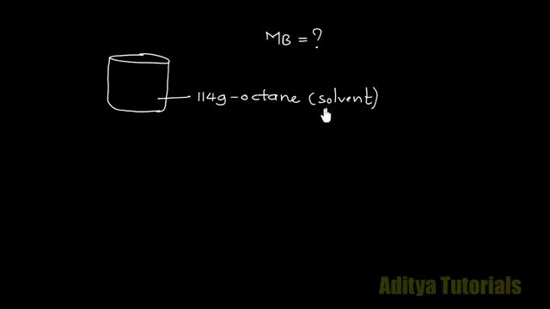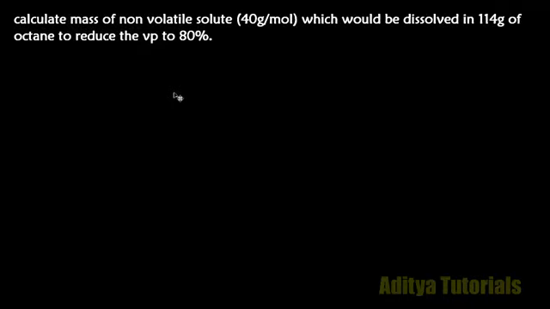Now in this solvent you added a certain amount of solute. Now here is the question given. Calculate the mass of non-volatile solute. Mass you have to calculate means WB is required.